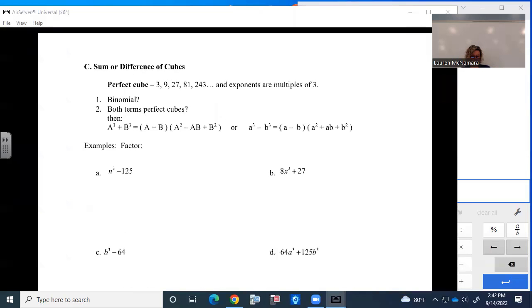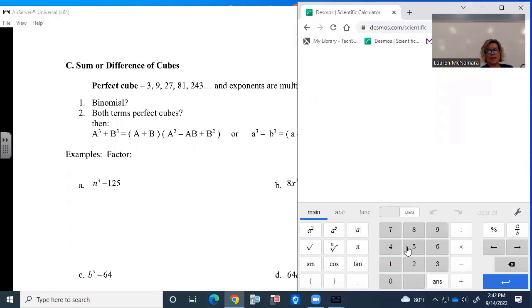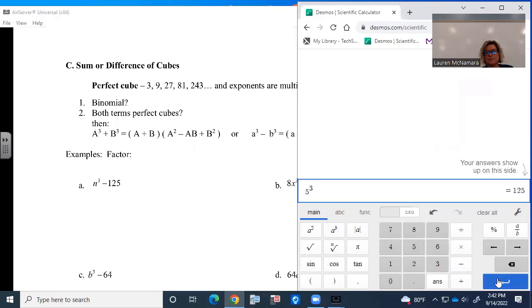All right, so this time you have to know perfect cubes. I've listed the first few perfect cubes here. You can also find out in your calculator if something is a perfect cube, just by taking your calculator and saying 5 raised to the third power.